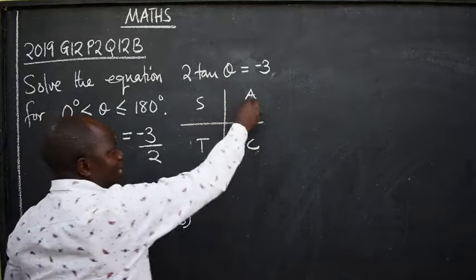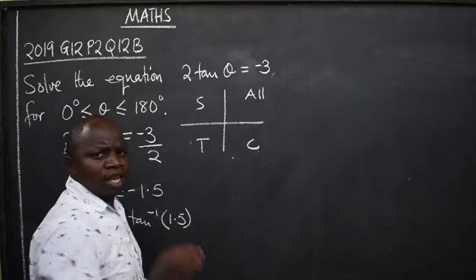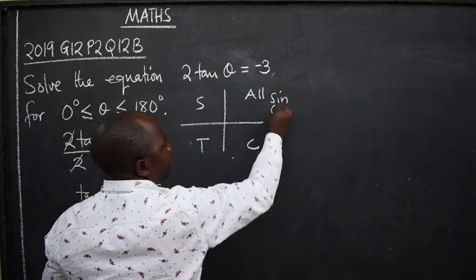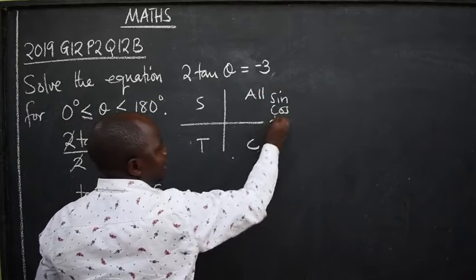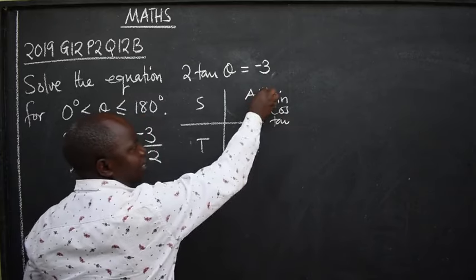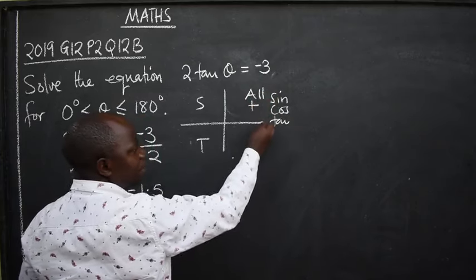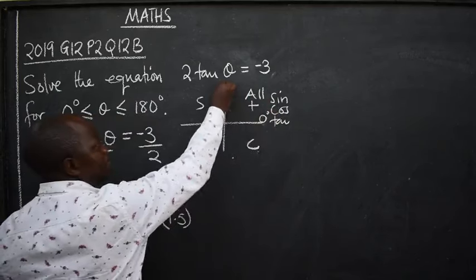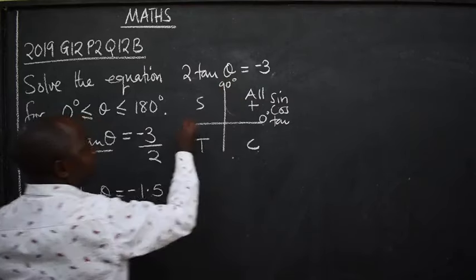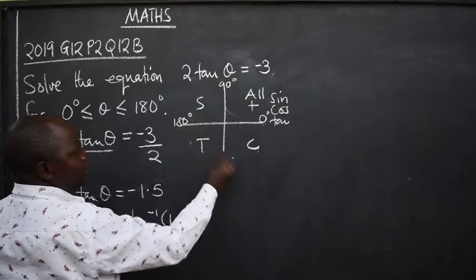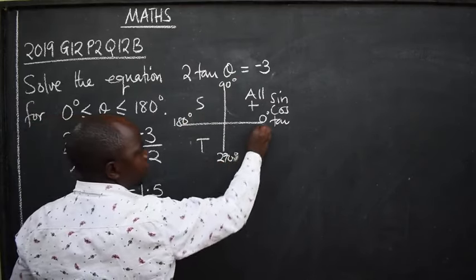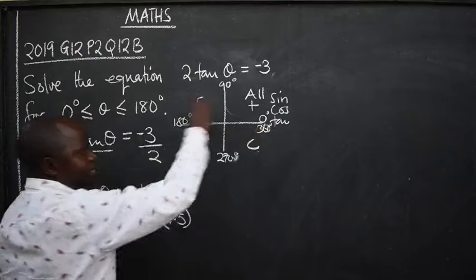Okay, the A here means all, meaning all the 3 ratios, sine, cosine, and tan, in the first quadrant here, they are all positive. Remember, we are starting from 0 degrees at this pole. This is 90 degrees, here 180 degrees, 270 degrees, then back to 360 degrees, which is the complete revolution.